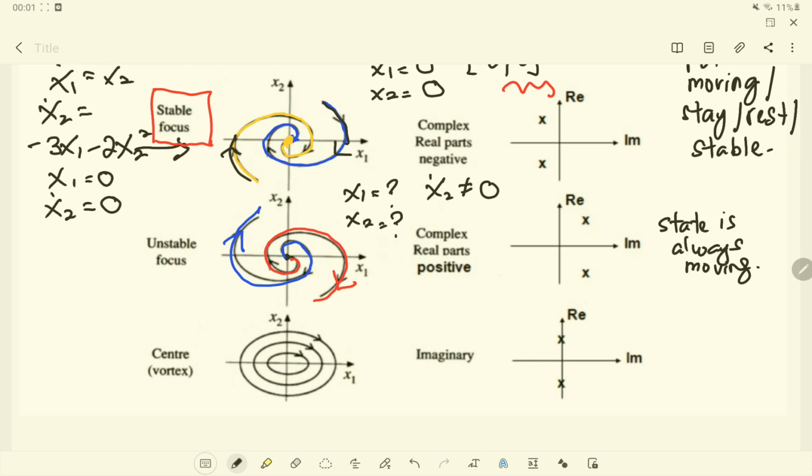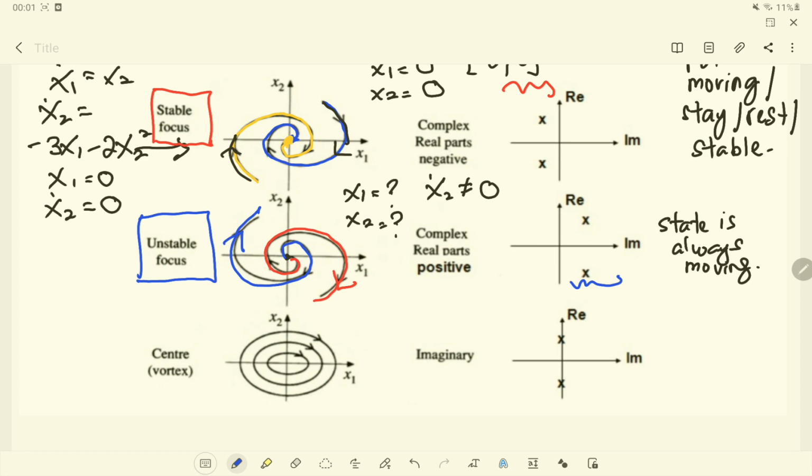So for this type of system, we call it an unstable system. The state is always moving, and the location of the pole is at the right hand side of the S-plane.